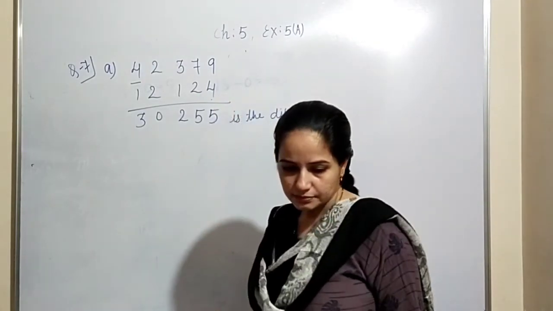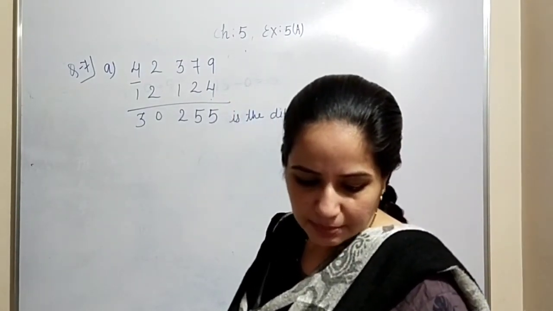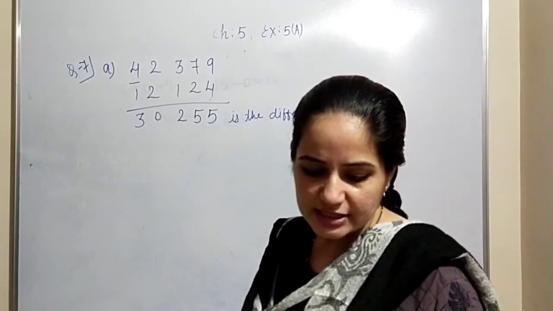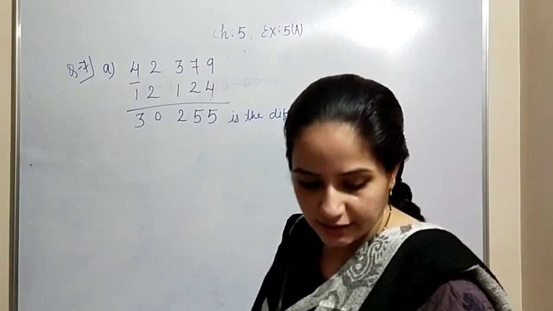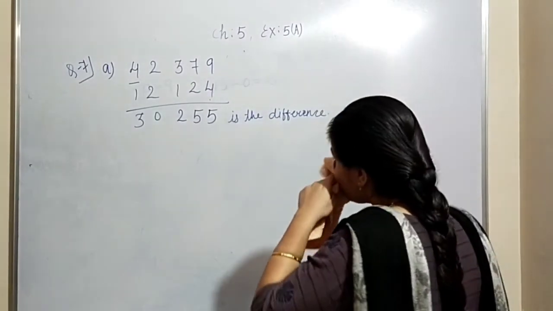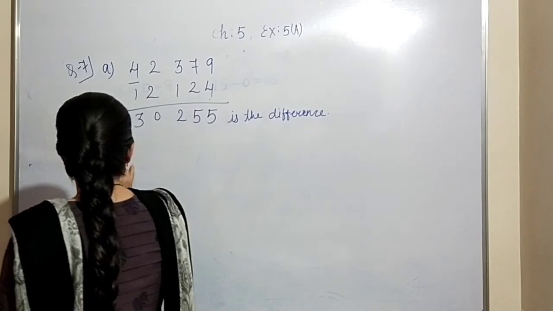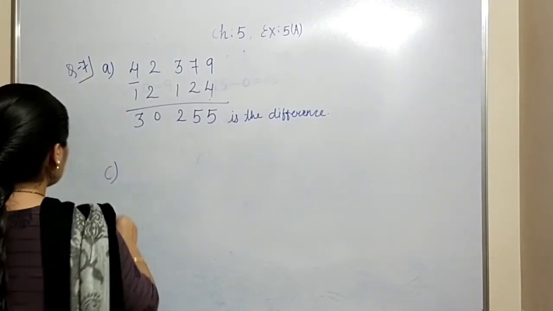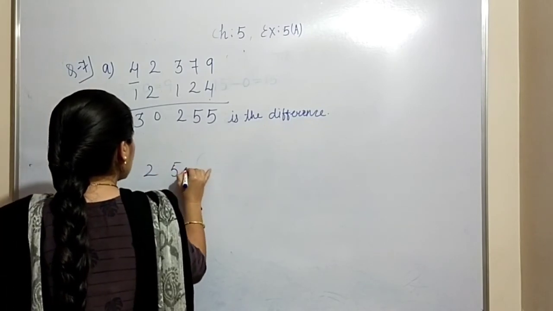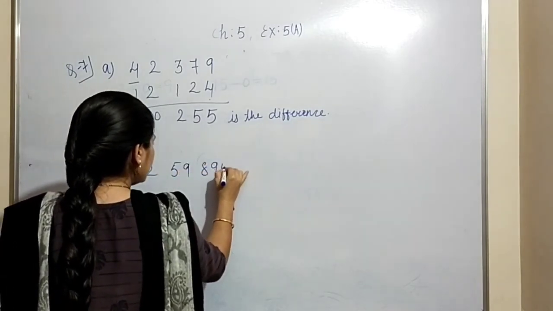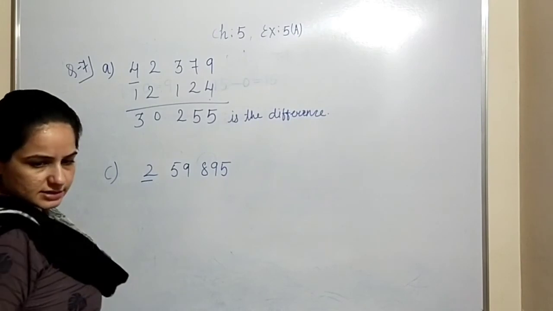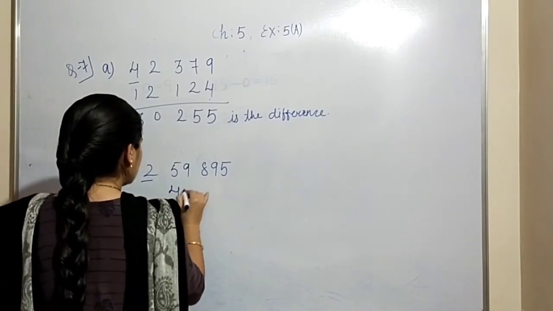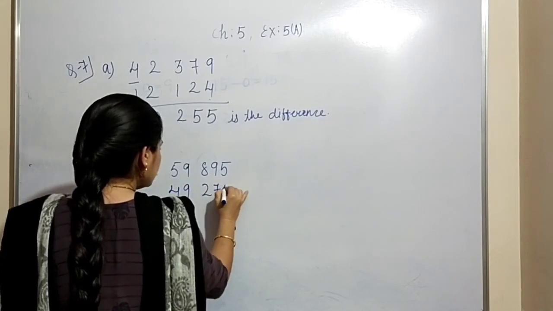Okay, and the last one is: subtract 49,271 from 2,59,895. Okay, the number after from comes on top in subtraction, so we will write the 2,59,000 number on top. Okay, 2,59,895 minus 49,271.